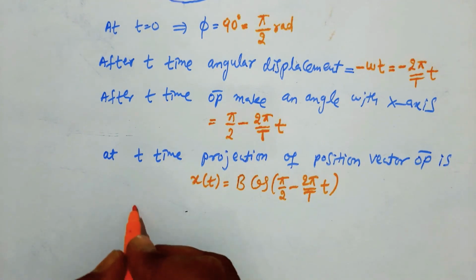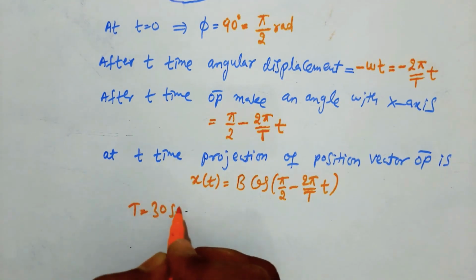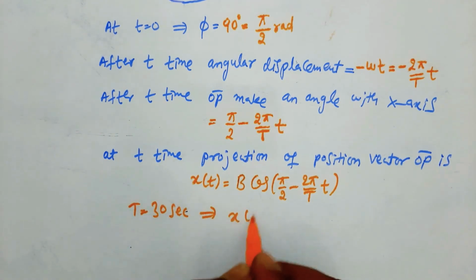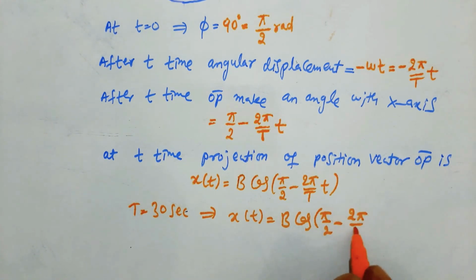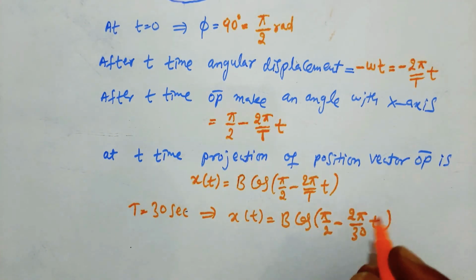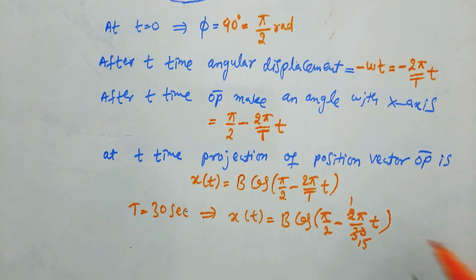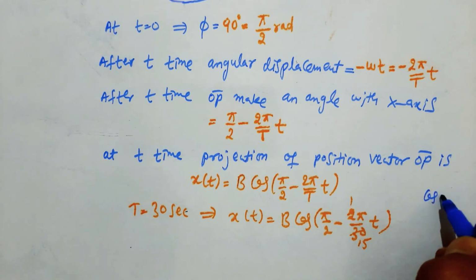But T is given. T is equal to how much? 30 seconds. So from this, x of t is equal to B into cos of pi by 2 minus 2 pi by 30 into t. Here 2 ones are 2, 15 is the. We know cos of minus theta is equal to cos theta.